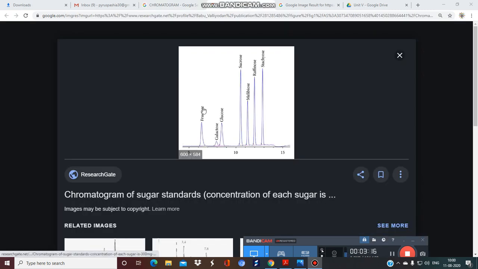This is the chromatogram, not graph. The peaks, the result part, is there, from which we can finally interpret it using this chromatogram. So I think this is clear.